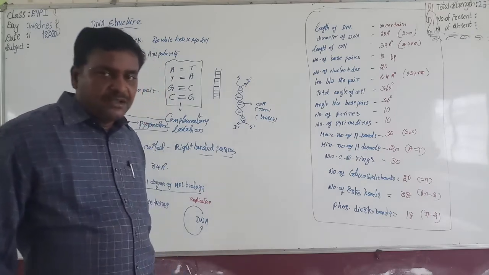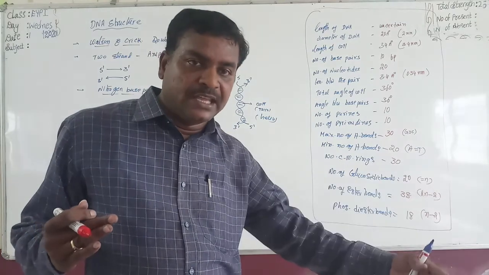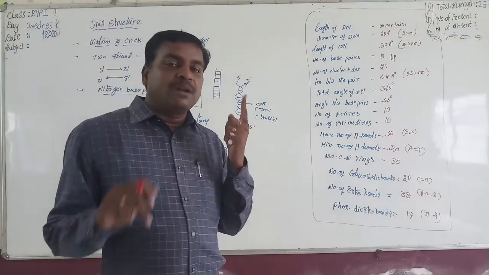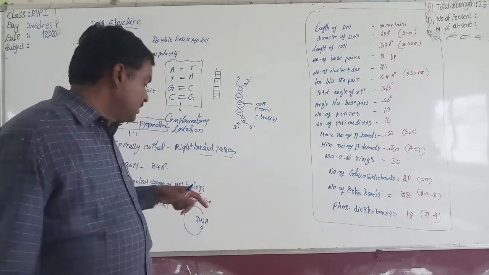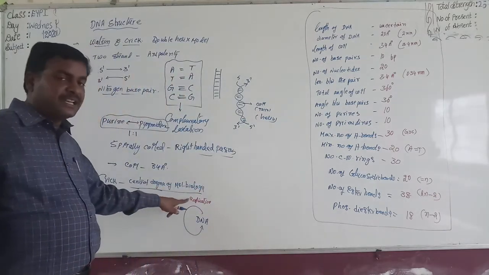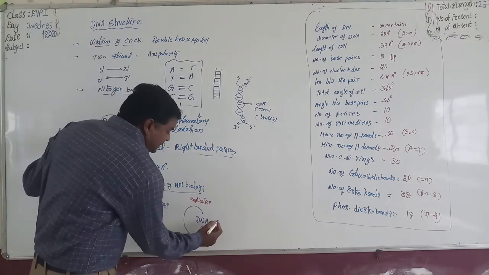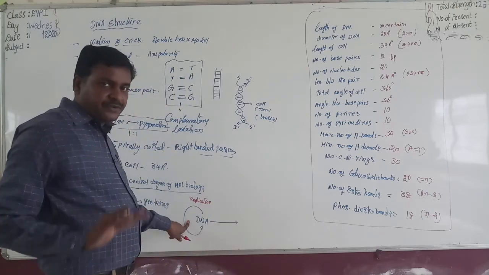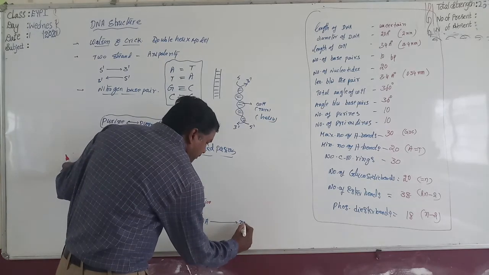That is, formation of daughter DNA molecules from parental DNA. Multiplication of one parental DNA into two daughter DNA molecules is called replication.